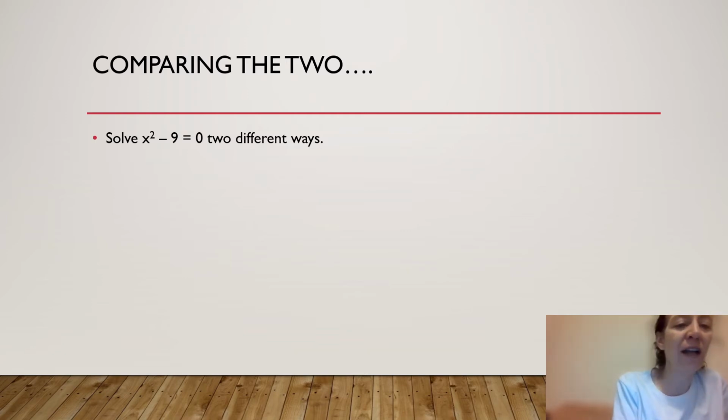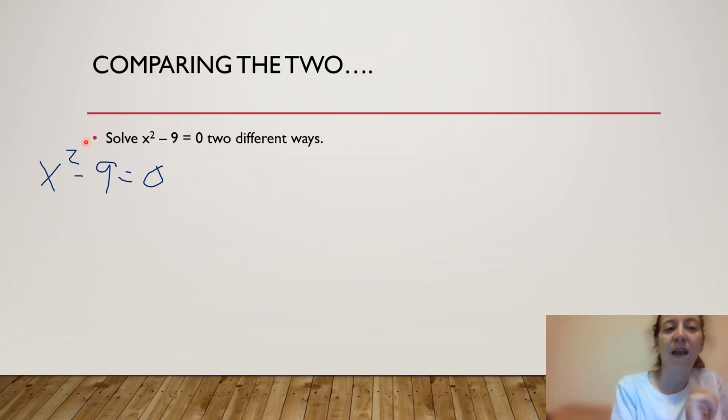So we have x squared minus 9 equals 0. Now what I want you to notice first off is that this is the difference of two squares. I am pausing to give your brain a chance to recognize what I said there. It's the difference of two squares.